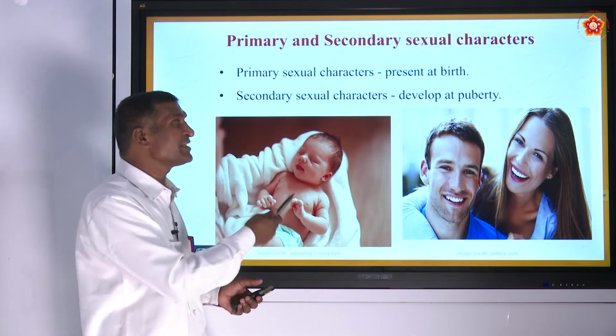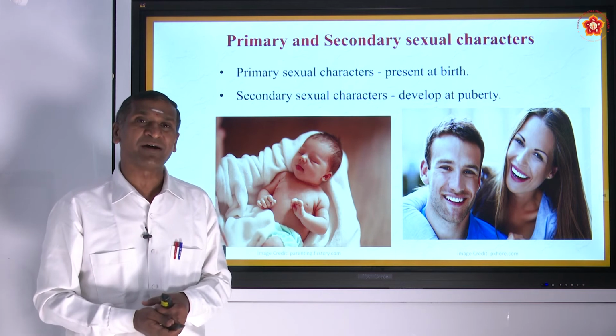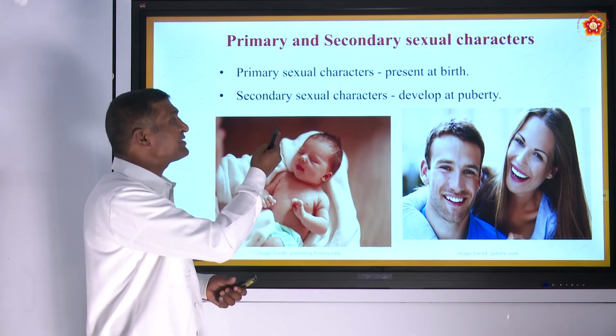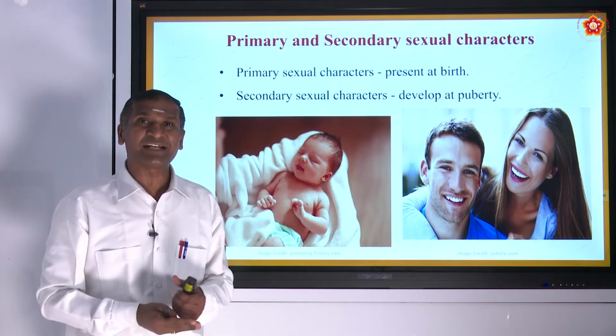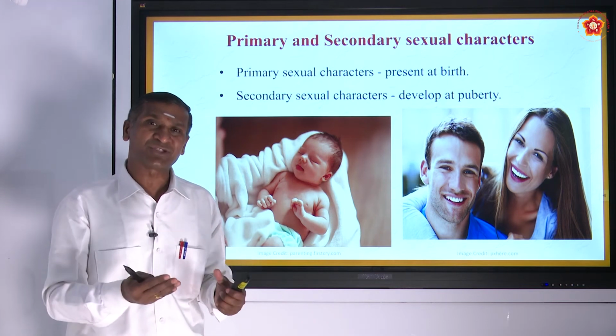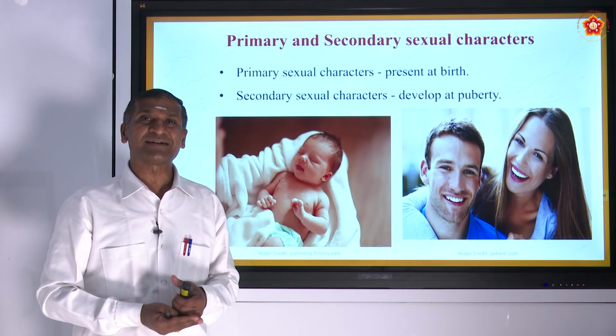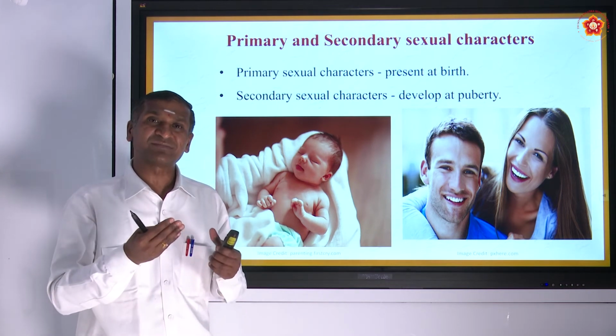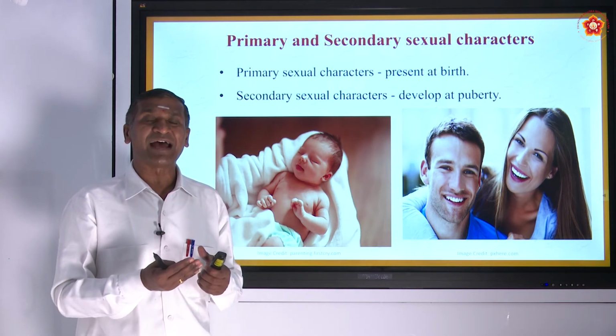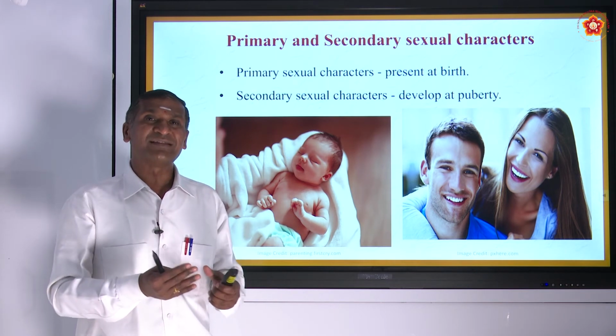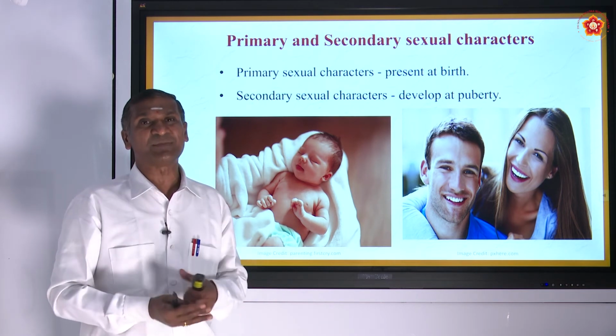See, these are the things which we should remember: the primary sexual characters which are present at birth, why? Just to realize God. The secondary sexual characters, just to think of God and come to know that this is an ever-changing process.